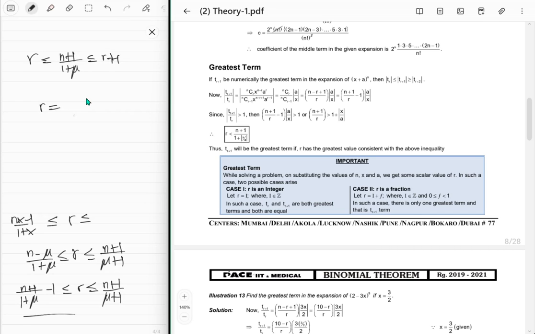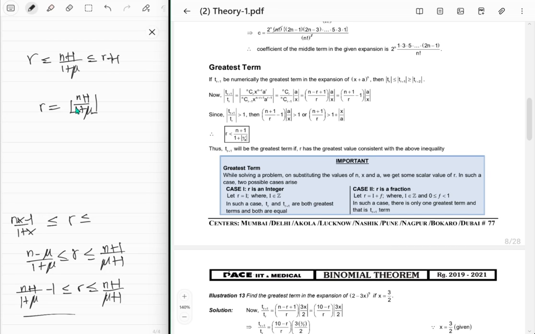So r is either the floor function of n plus 1 upon 1 plus mu. But actually no, it is in fact just the floor function, because even if it is somehow equal to r plus 1, even if that happens, it could be the floor function minus 1.